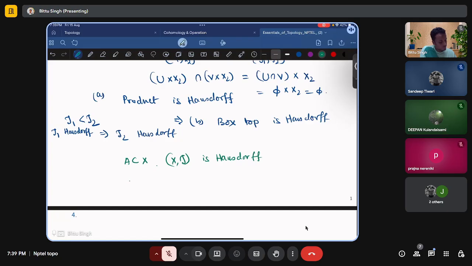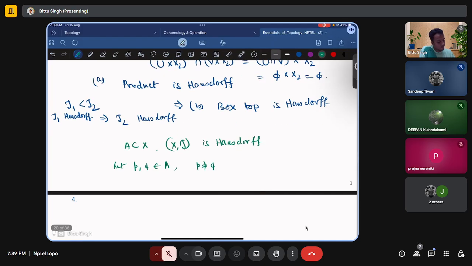Choose two distinct points P, Q in A, P not equal to Q. Then P, Q belong to X, and X is Hausdorff, so we can separate them by two open sets.